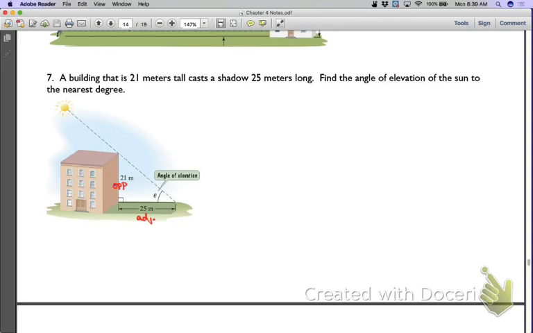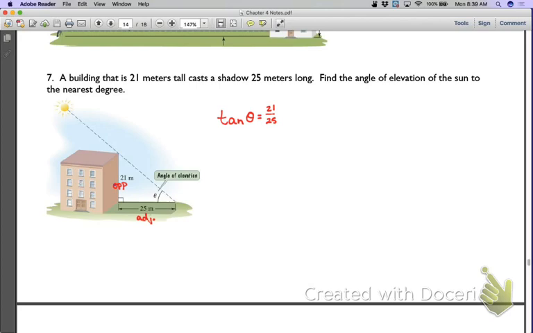So am I going to use sine, cosine, or tangent? Still tangent, right? So I have tangent of theta is equal to 21 over 25. Now, these are actually probably the easiest of any of them.